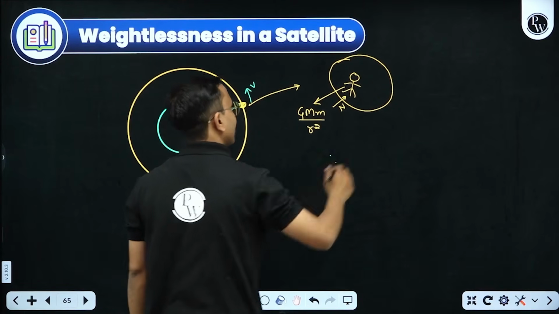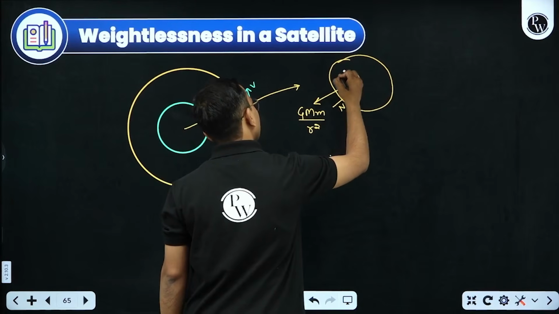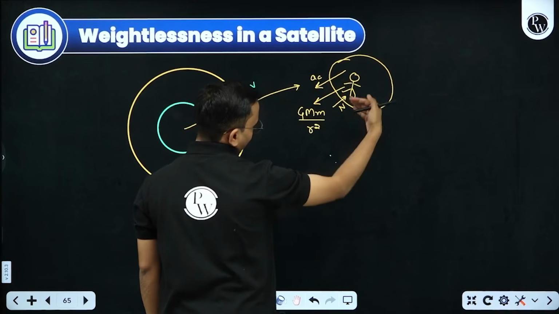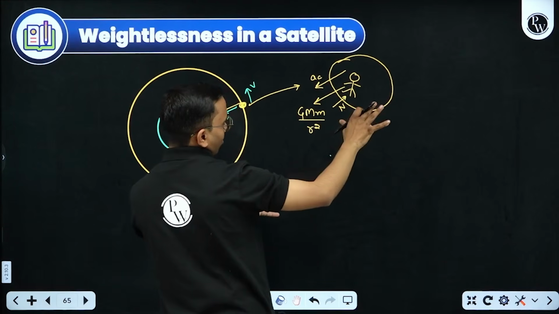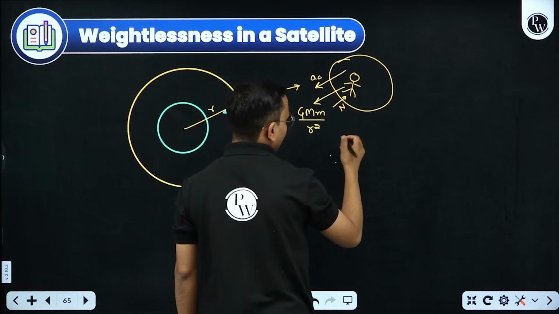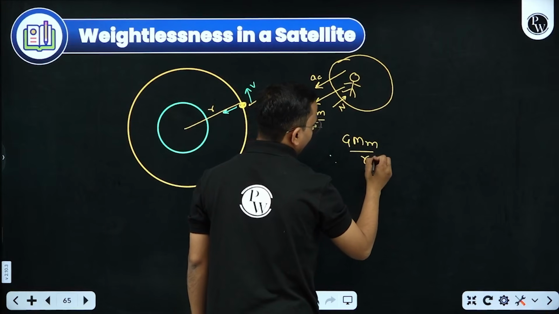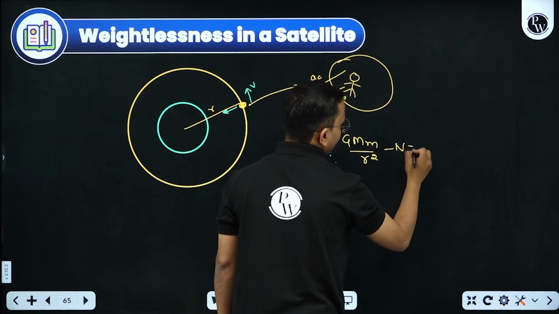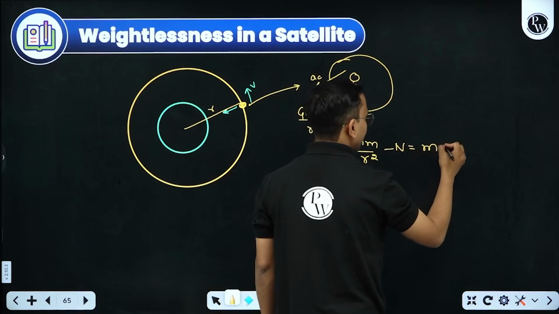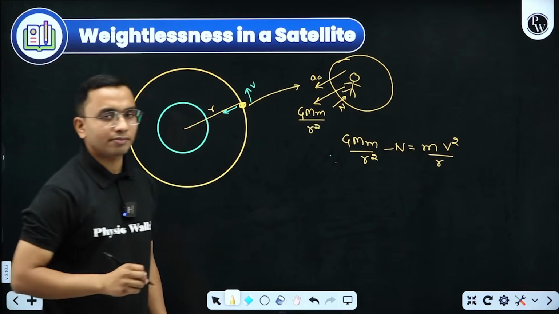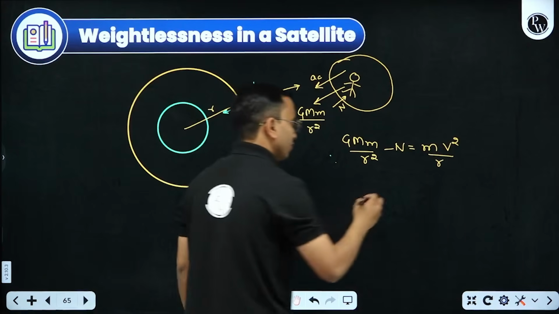It is having a centripetal acceleration towards this. So this force minus the normal is equal to mass into centripetal acceleration. So G M m by r square minus N is equal to mass into the centripetal acceleration, that is v square by r. Clear? Now put v.